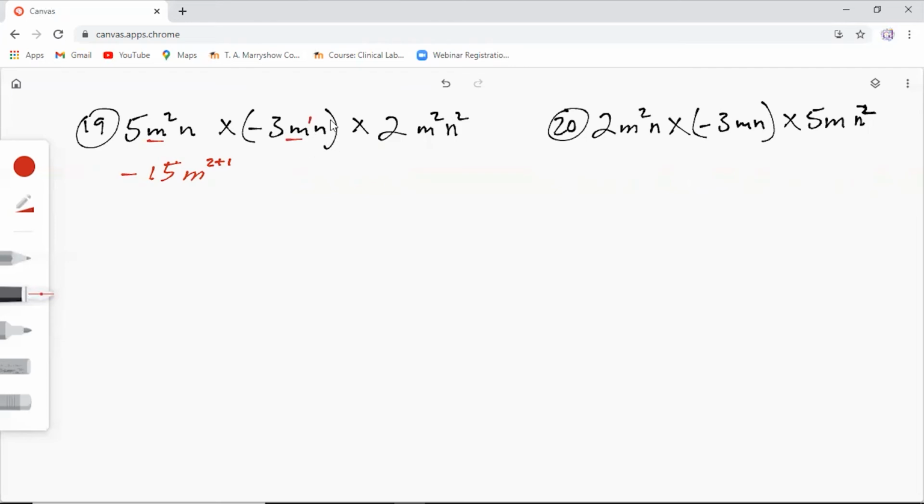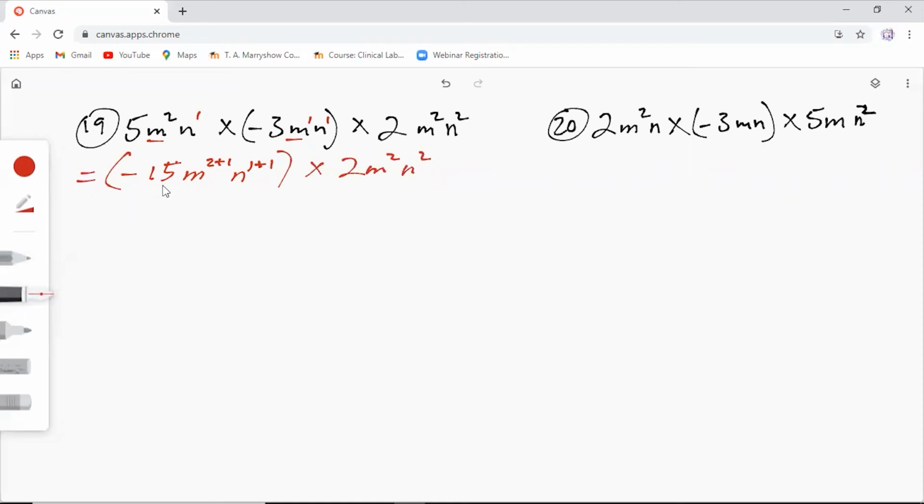Okay, this is m to the power of 1, this is n to the power of 1. Alright, so n times n is n to the power of 1 plus 1. Then we bring down the times 2m squared n squared.